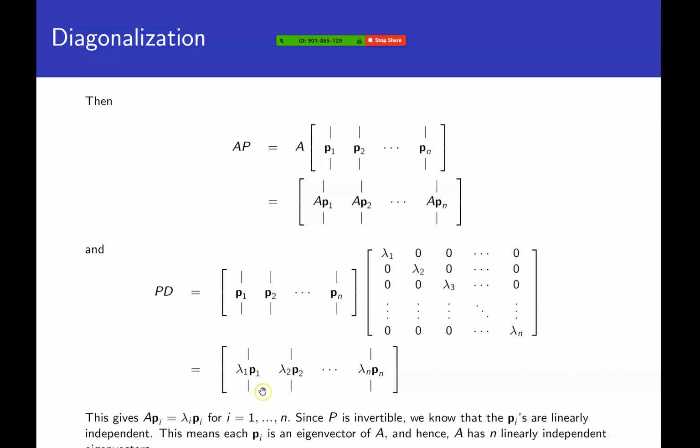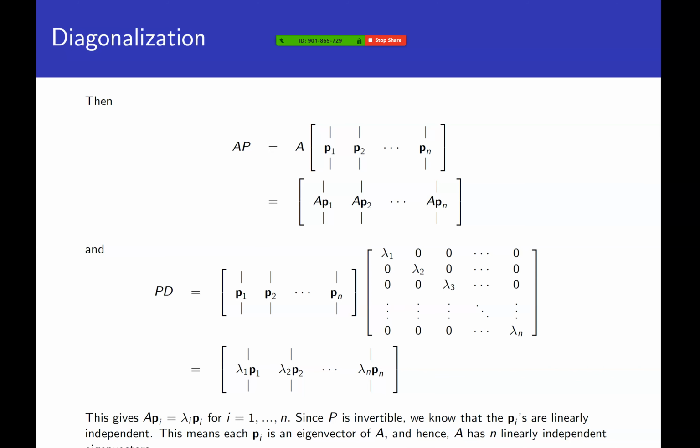So if I have A P_i equals lambda_i P_i, then each of the columns of P is an eigenvector for A, associated with each of the lambdas. So A must have n linearly independent eigenvectors, and they turn out to be the columns of P.